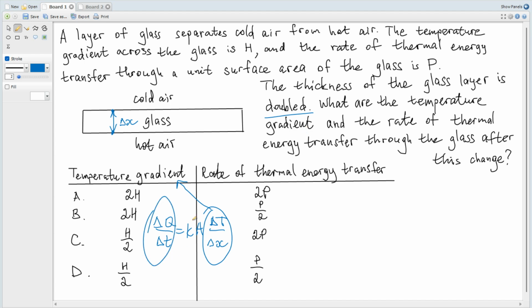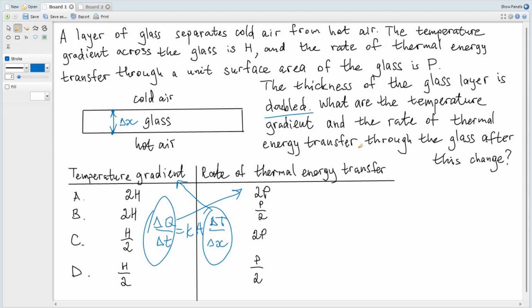Delta Q over delta T is the rate of thermal energy transfer. Q is energy, T is time. And initially delta T over delta X is H, and initially delta Q over delta T is P.